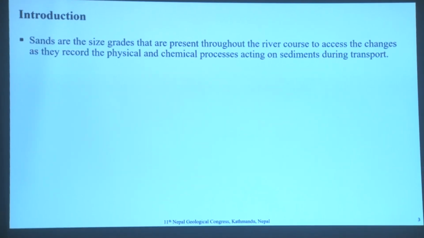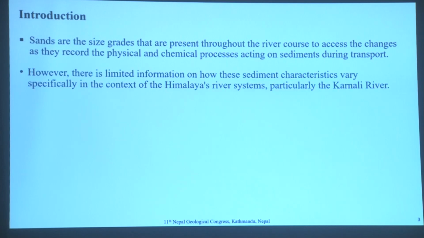Therefore, study of sands, size grade analysis, and changes along the river process is important as they record the physical and chemical processes acting on the sediments during transport.